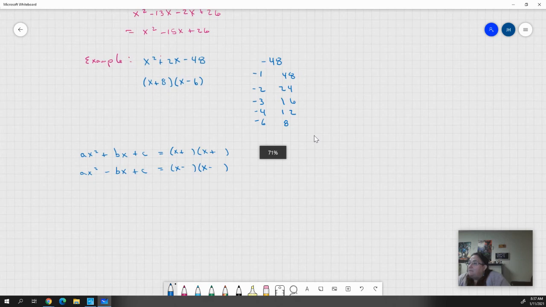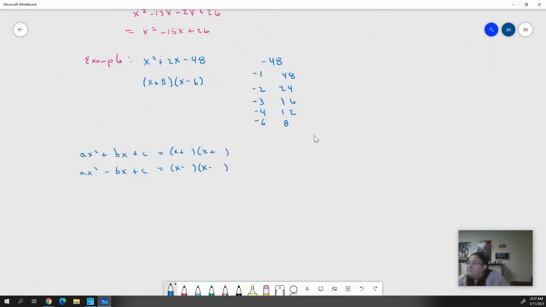If I have, let's put where a equals 1, so that can change if we have a bigger a. If I have ax squared plus bx minus c, I'm going to have x minus something, x plus something.